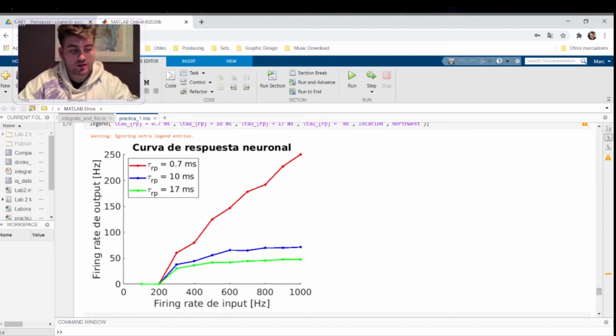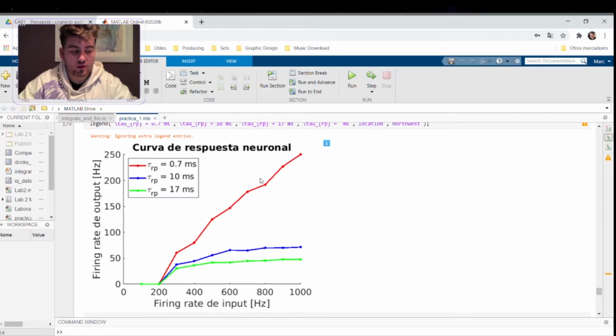So for the third step of question 2.4, when the input rate is high, as you can observe here, the output firing rate is upper bound by the refractory period of the neuron. That means that it will flatten at 1 over tau rp. This is because the neuron can only fire as often as it can recover.